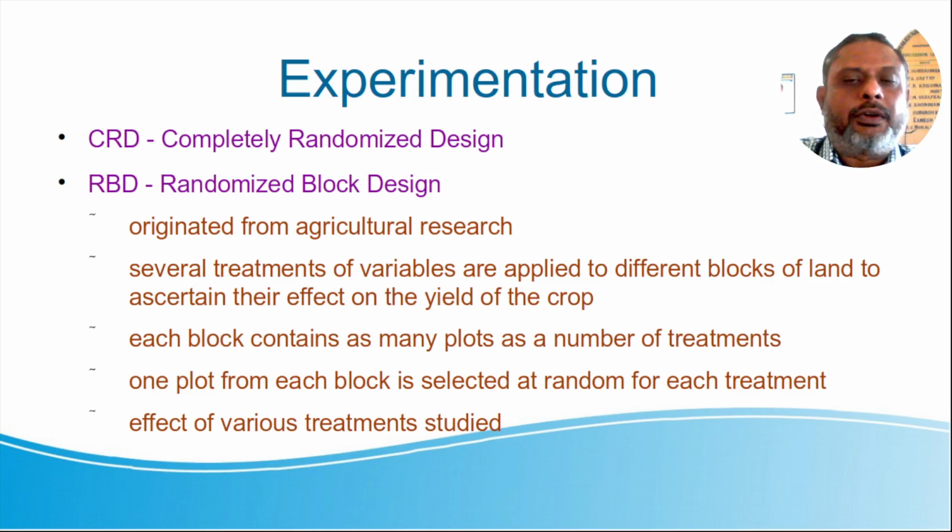So for collecting data, we do some experiments, and these experiments may be a completely randomized design, where there is no structure in the experiment, or it may be a randomized block design. This was originally designed by agricultural research teams. Here several treatments of variables are applied to different blocks of land to ascertain their effects on the yield of the crop.